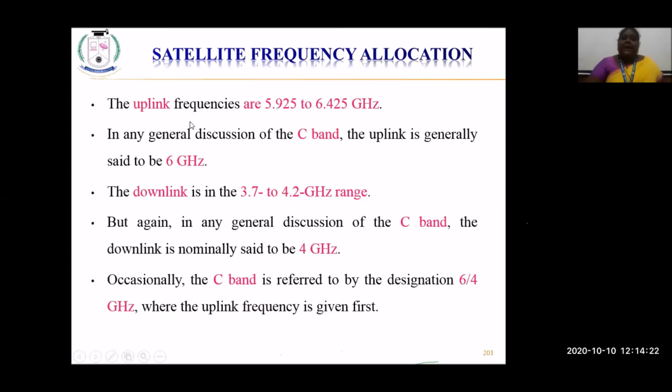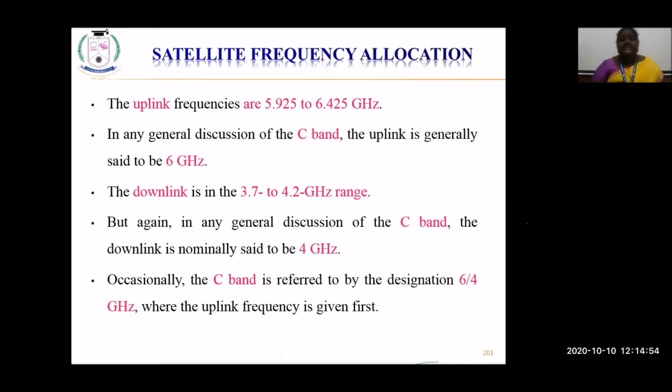The uplink frequencies are normally in the range of 5.925 to 6.4 gigahertz. In any general discussion of the C band, the uplink is generally taken to be 6 gigahertz. Normally the downlink will be lesser than that, in the range from 3.7 to 4.2 gigahertz. In general discussion of the C band, the downlink is taken to be 4 gigahertz.